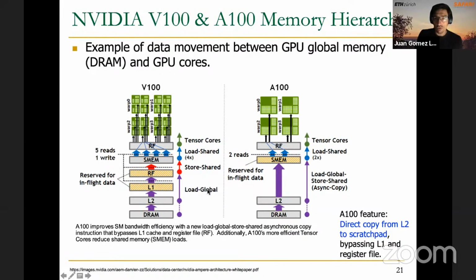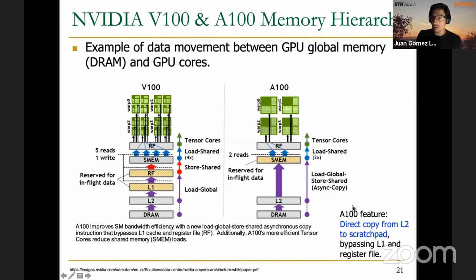First, a load from global memory, then we bring the data to the register file, and then we store in shared memory. And here you can see one more operation, but this is because this figure also explains how the tensor cores access data from shared memory. But regarding the data flow that we are interested in right now, it is first this load from global memory, then one store to shared memory from the register file.